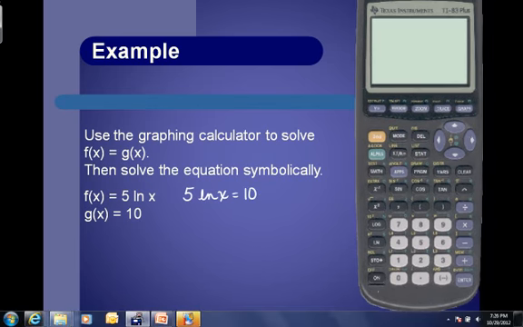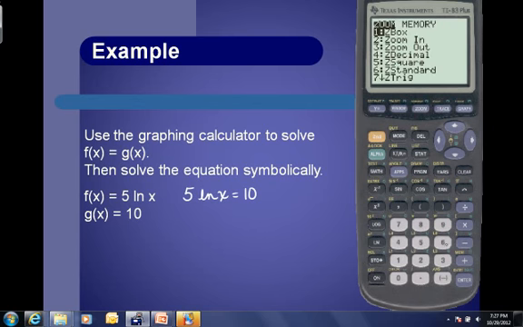So the same thing with solving equations that we've been doing all year. We're going to let y1 be the left side of the equation, which would be 5 times the natural log of x, and we're going to let y2 be the right hand side, which will be 10.